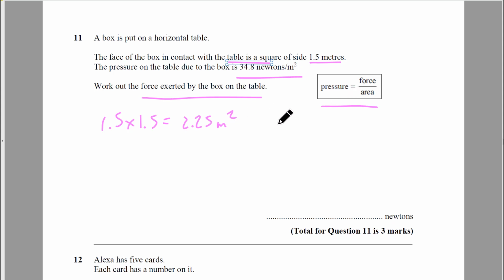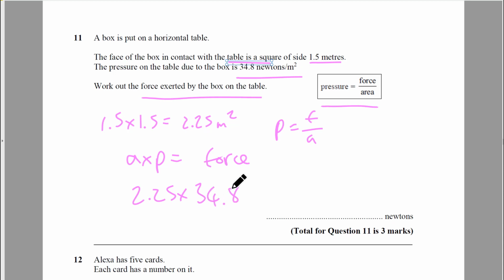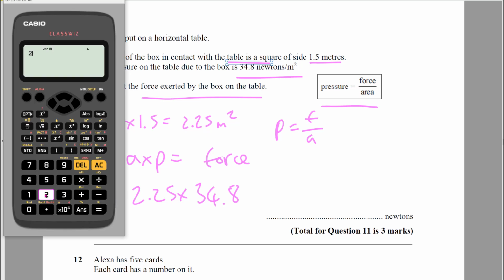We rearrange this formula, so P equals F over A. So A times P equals force. So we just need to do 2.25 times 34.8. Right, we're going to get close to our grade 6 already here. 2.25 times 34.8, 78.3 newtons.